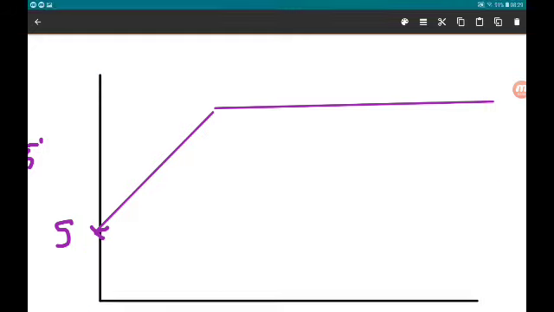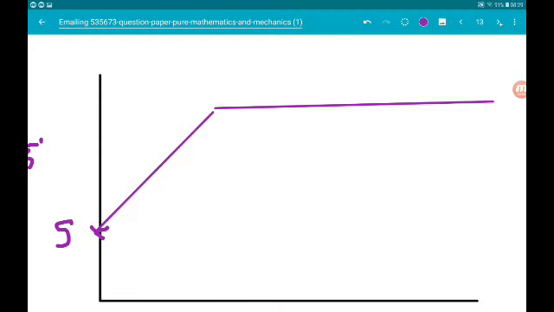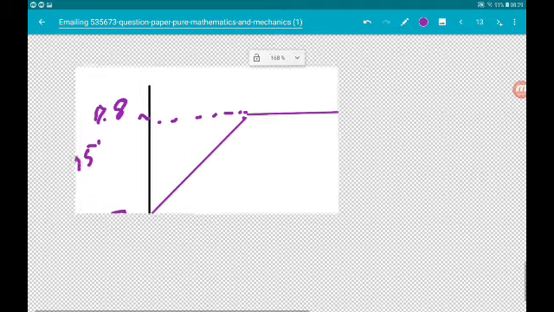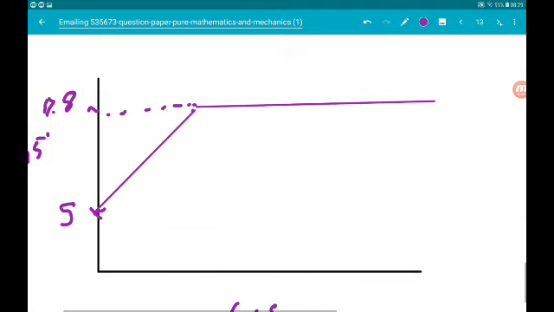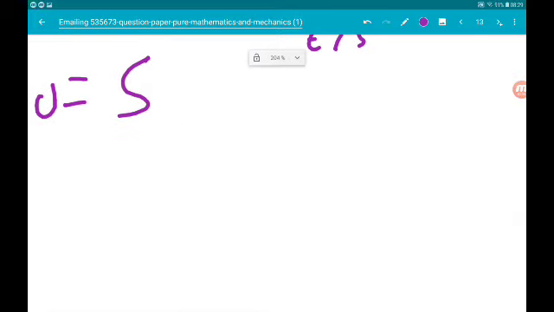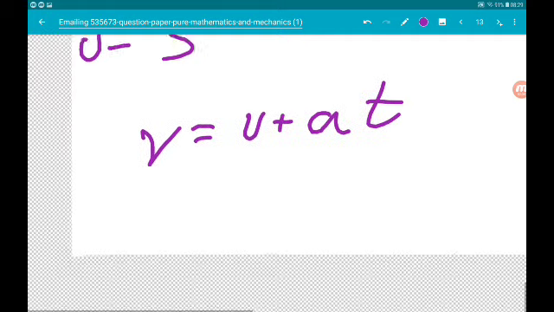So we know that this needs to be 17.8 meters per second. So what we can do is use our formula for v. v is u add at to work out t.